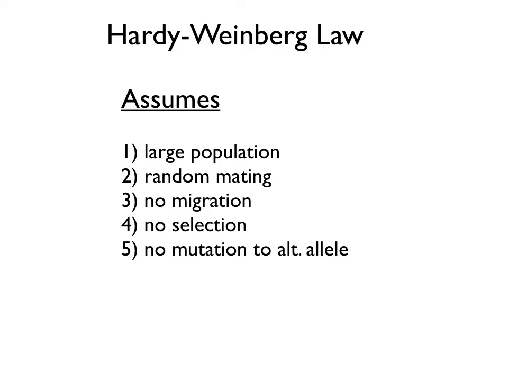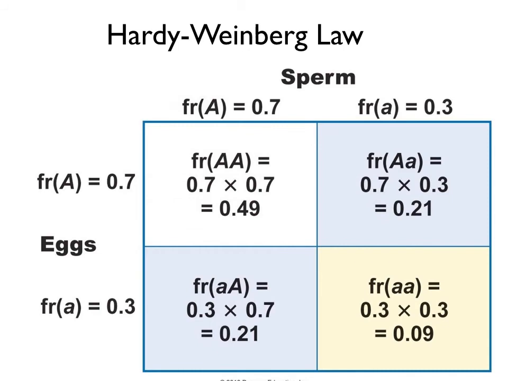Now let's look at this example with sperm and egg using allele frequencies to predict genotype frequencies. This looks complicated, okay? But I want you to recognize that this is exactly what you did with a Punnett square, only if you notice here, the frequency of these two alleles, big A and little a, in the population is 0.7 and 0.3 respectively.